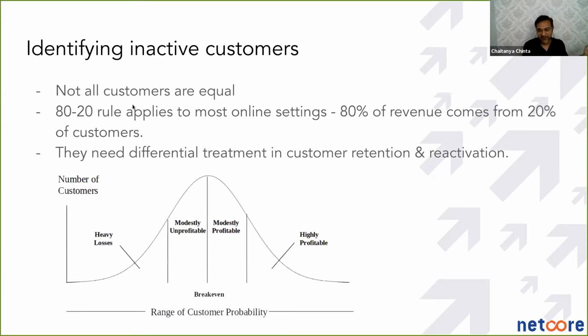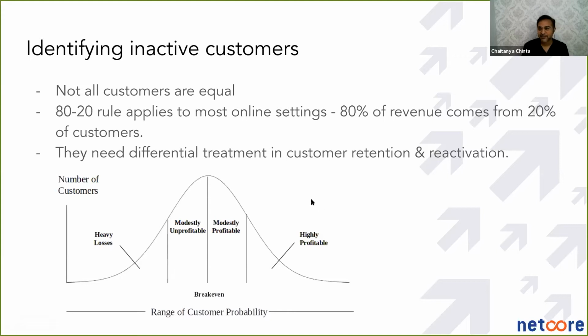And if we break down the range of customer probability and profitability, right? The first is a long tail, where you usually spend a lot to acquire the customers, but they don't turn into profitable customers. Then you have moderately unprofitable customers, and then moderately profitable, maybe these are the guys who usually come during the sales season and then drop off the grid right after the sales season.